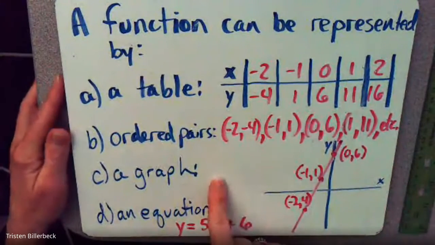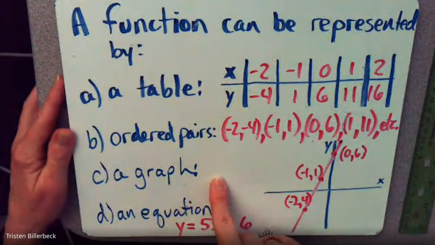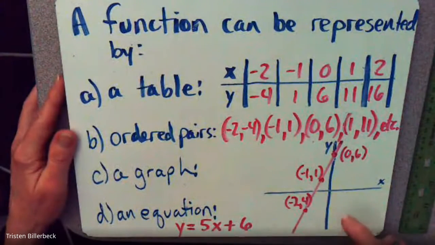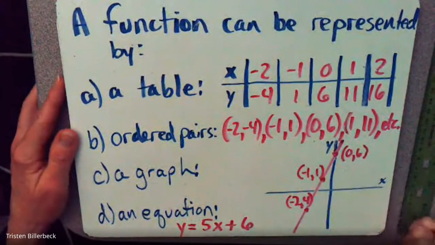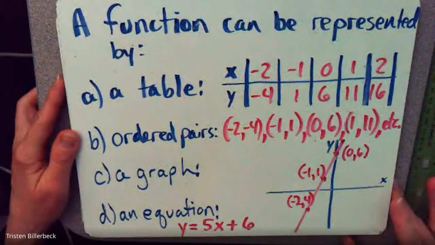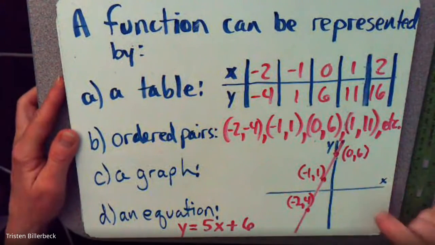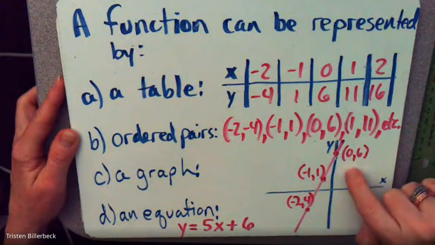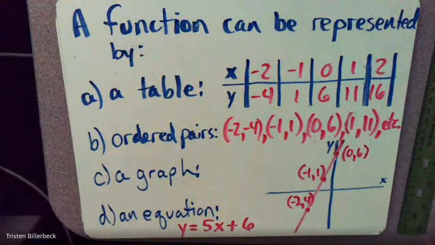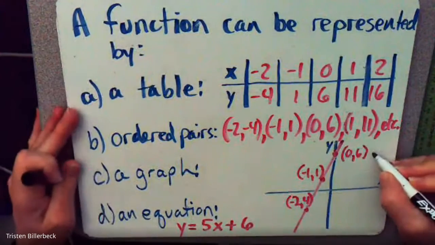And we can also represent a function with a graph. If I just graphed a few of these, we know that you only need 2 points to make a line, so I'm doing a little overkill here with 3 points. So I have 0, 6, which happens to be called a y-intercept.